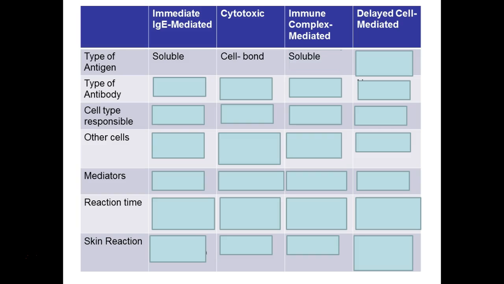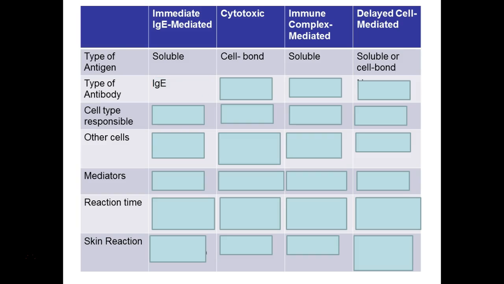Immune complexes are usually soluble antigens, so again, relatively small. Delayed cell-mediated can be either soluble or cell-bound. So these can be antigens in your blood or in your fluids, or they can be antigens on the surface of a cell, or that attach to the surface of a cell.